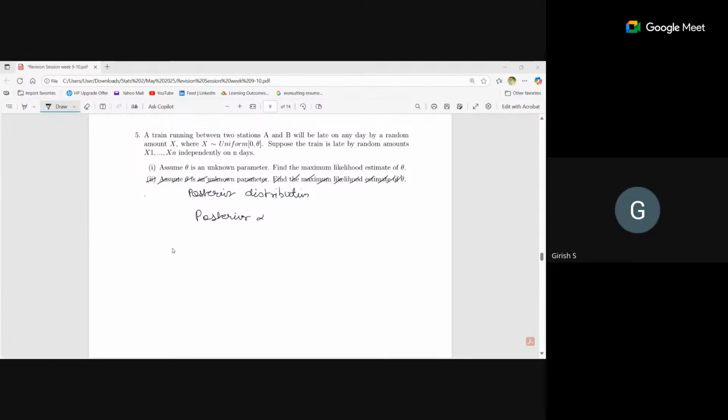Ma'am, it will be like max of x1, x2, xn whole power n into 1 by theta. How to calculate the likelihood here?